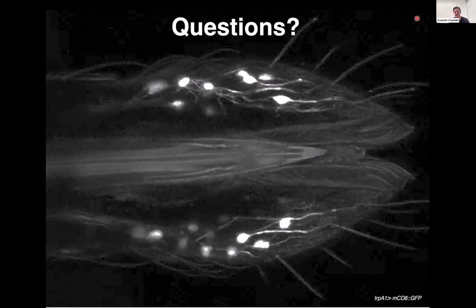So we have tested, although I just showed the electrophysiological experiments with Anopheles, we have performed behavior assays with both Aedes and Anopheles, and we found that both species show aversion to catechin at very low concentrations.